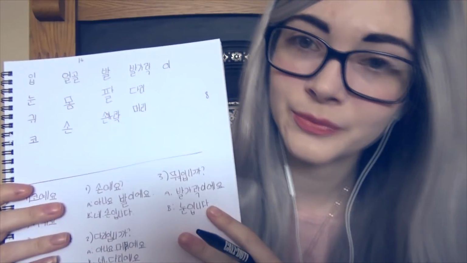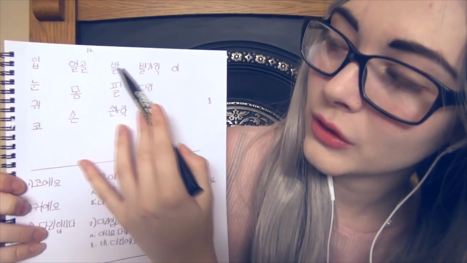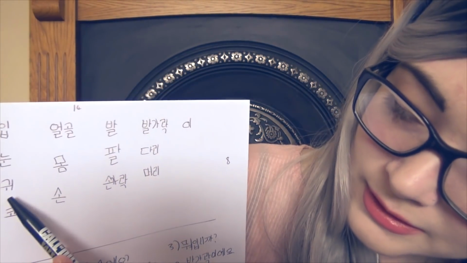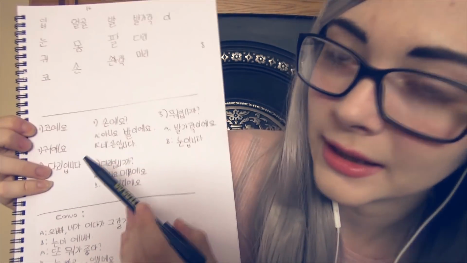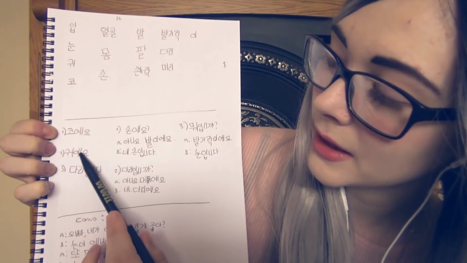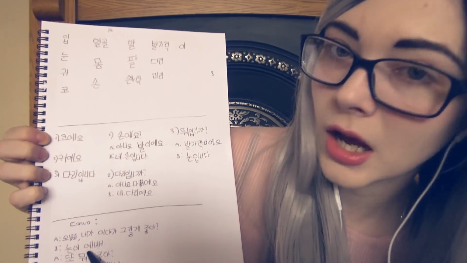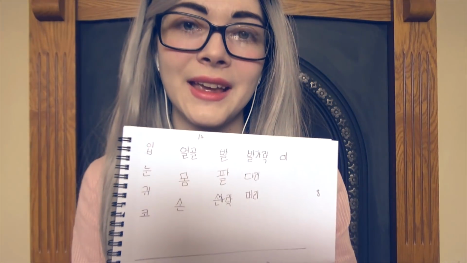On my little lesson board for today, we have the 14 different words. For a little later on, we've got some example sentences and conversations, but we shall get that later. For now, to start with, we're just going to get familiar with these body parts.